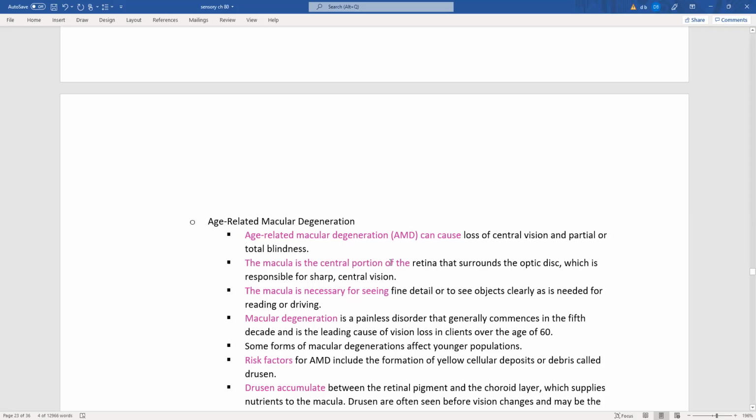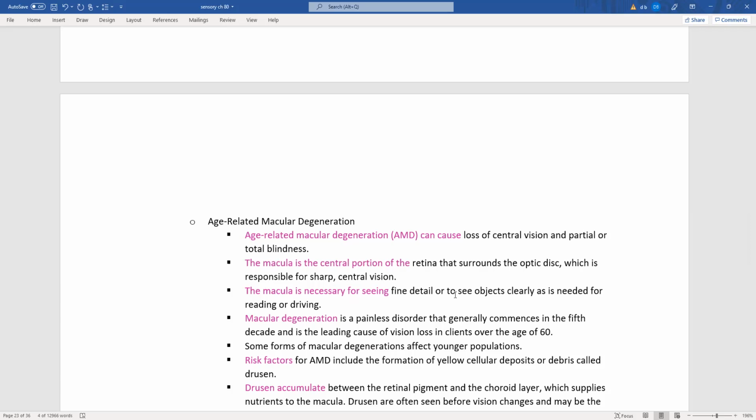The macula is the central portion of the retina that surrounds the optic disc, which is responsible for sharp central vision.